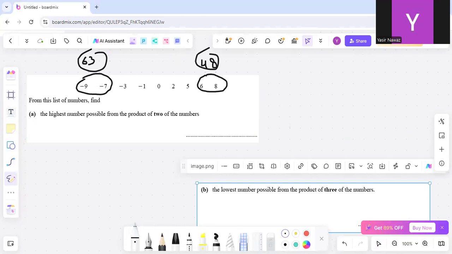The lowest number possible from the product of three of the numbers would be a negative number.